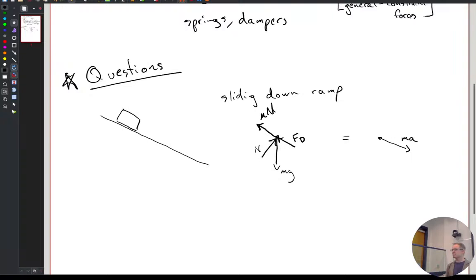Yep. You could maybe ask what friction constant is required to stop the car before it falls off the ramp. Oh, could we stop? So if we had friction, could we stop it? Maybe given a constant initial velocity.